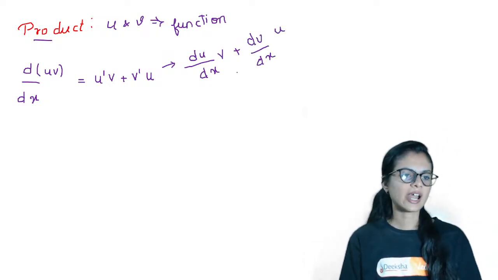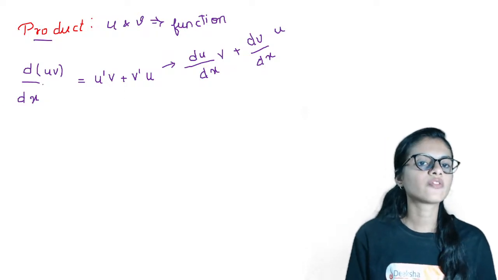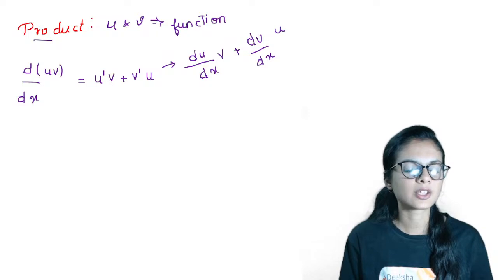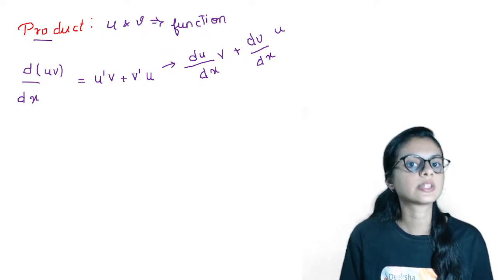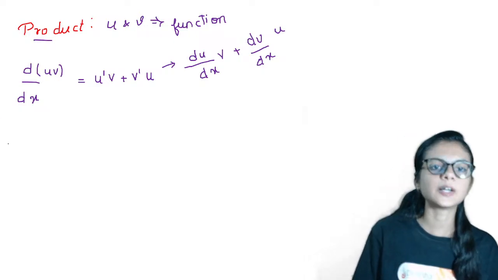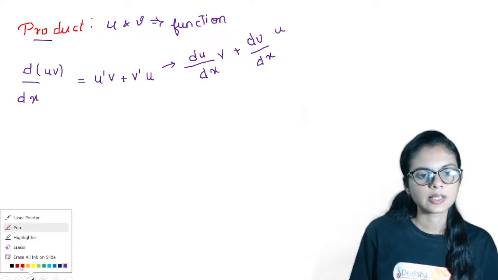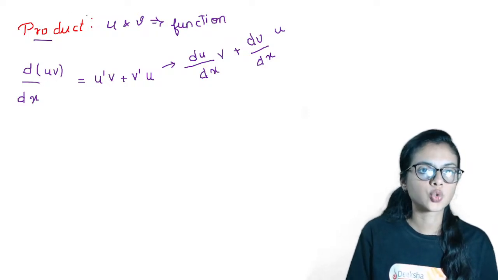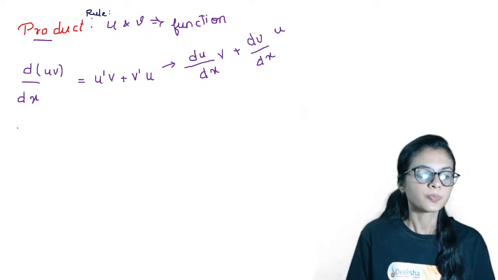It looks lengthy, right? Difficult to remember. Instead of that, you can just remember it as u dash v plus v dash u. Dash is nothing but you're differentiating that thing. Is it clear to everyone? So this is called the product rule in differentiation.